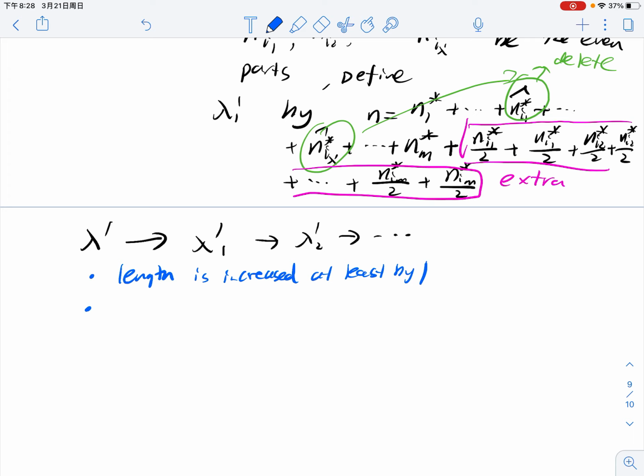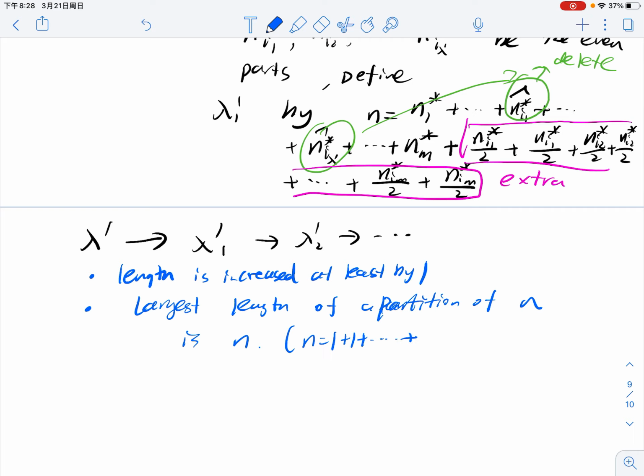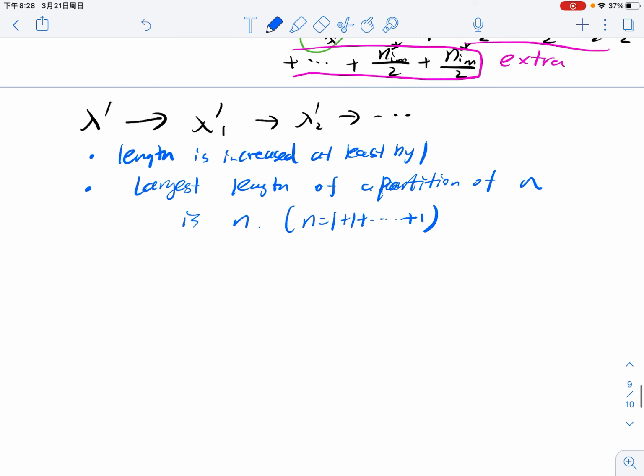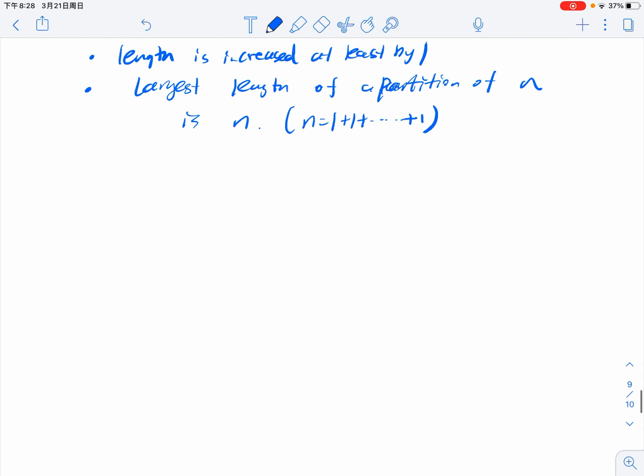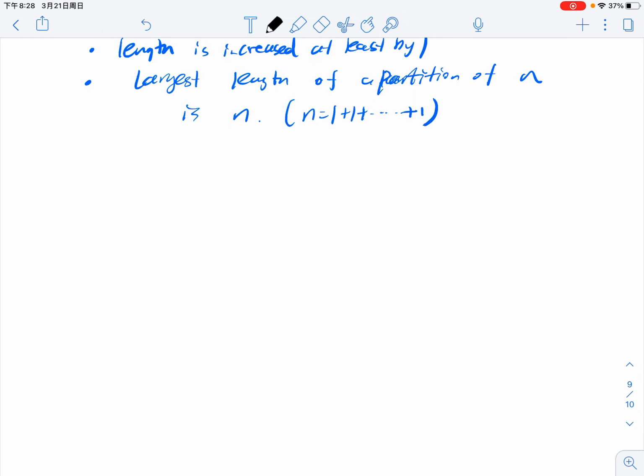But also the largest length of a partition of n is n, because you have n equals 1 plus 1 plus all the way to 1. So you cannot have more items. So that tells you it will terminate at a finite step. Okay.